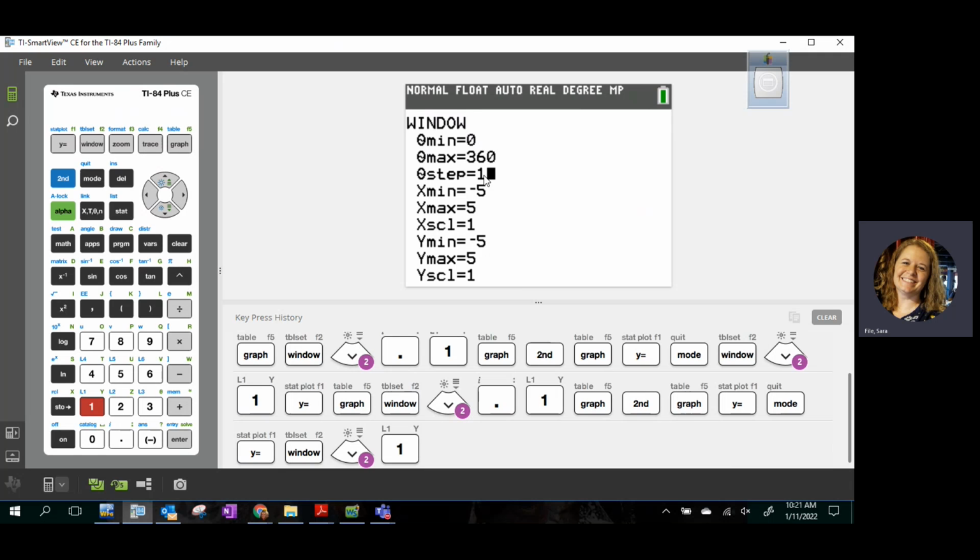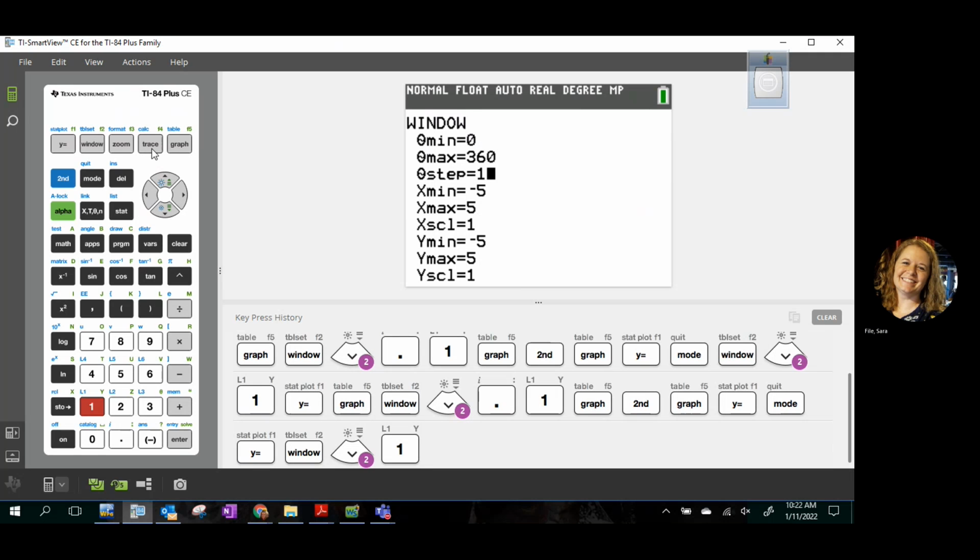The larger this number, the more jaggedy looking the curve will be, the smaller this number, the smoother and rounder the curve will be because it'll have more points. Does that make sense? And then your X and Y minimums and maximums just need to be equal to each other. And 5 is fine for this curve because the petal is only 2 units long, right? So it'll definitely fit in this window, okay?